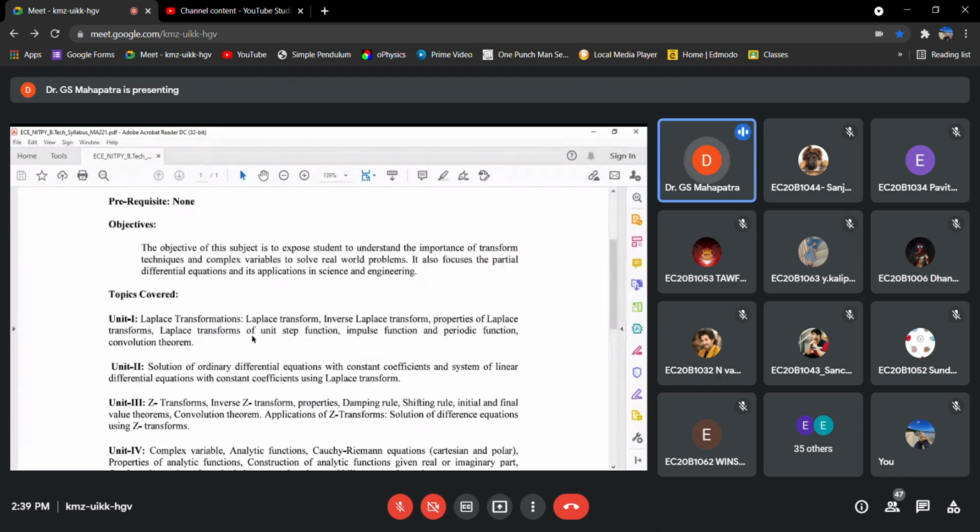What is the similarity between Laplace transform and Fourier transform? Both are transforms for continuous functions. But you can also find both transformations for a function with finite discontinuity. What is the meaning of finite discontinuity? A specific number of points, not an infinite number of points.